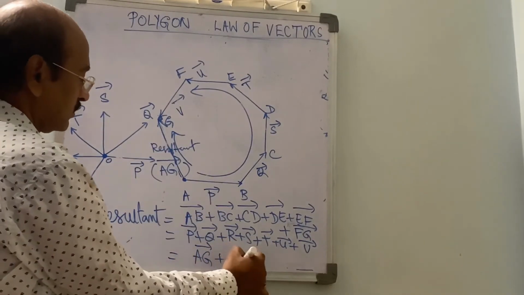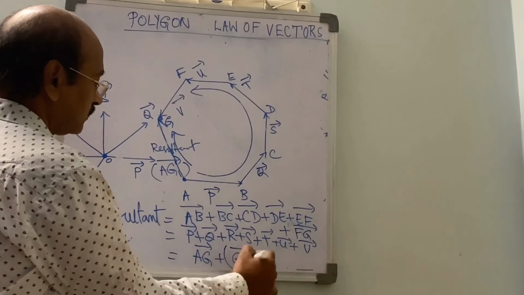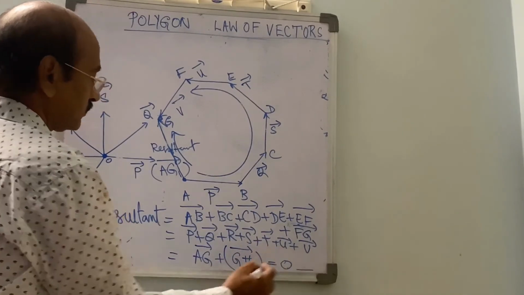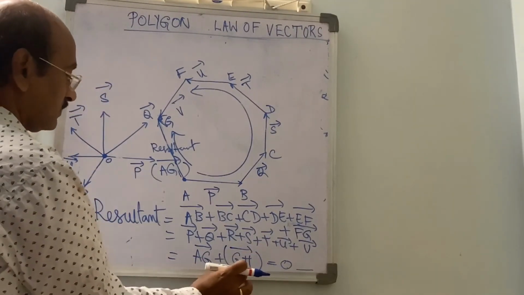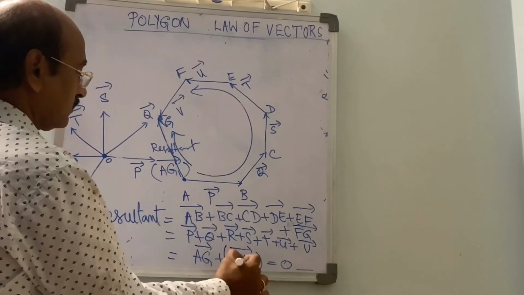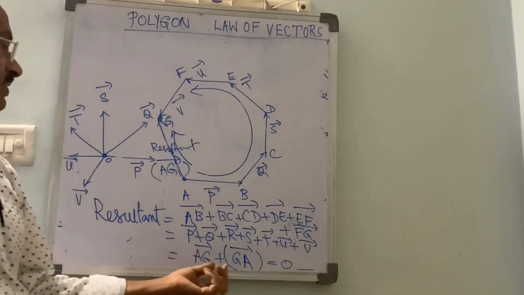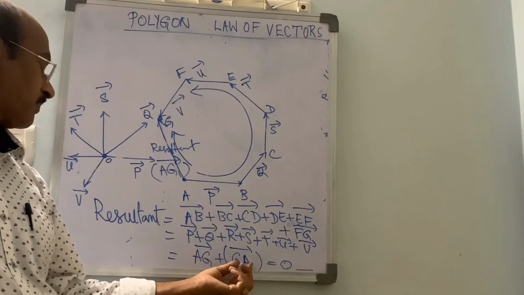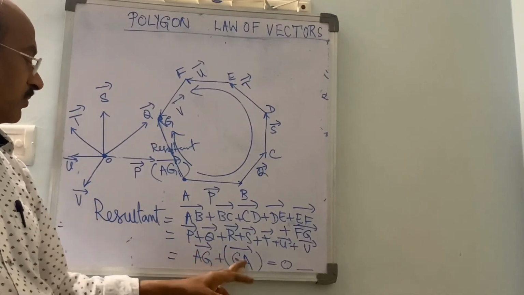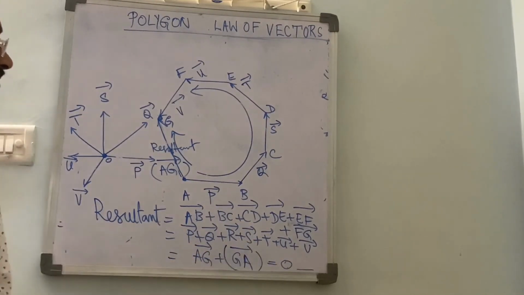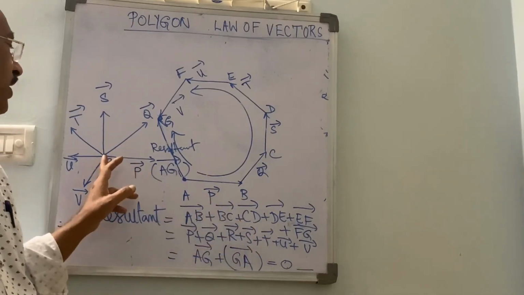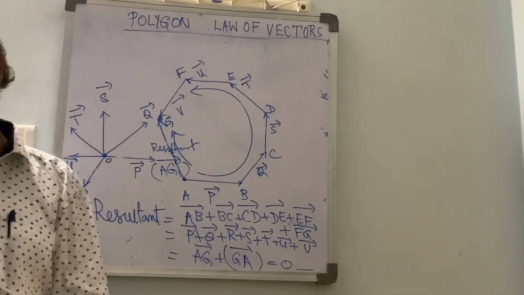So this becomes 0, because AG is minus of GA, so it gets cancelled and the resultant is 0. Then the point O will be in equilibrium.